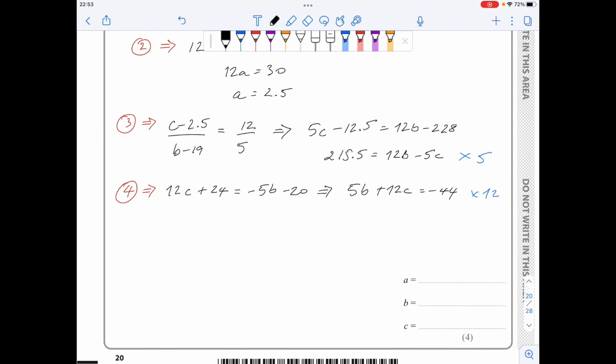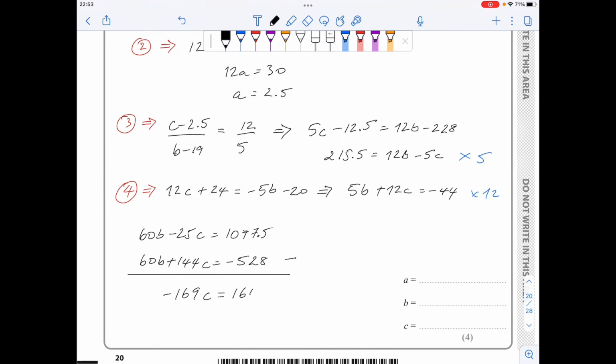So I get 60b minus 25c equals 1077.5, and then from the other one 60b plus 144c equals minus 528, and if I subtract those two, I will get minus 169c equals 1605.5. So c comes out to be minus 9.5.